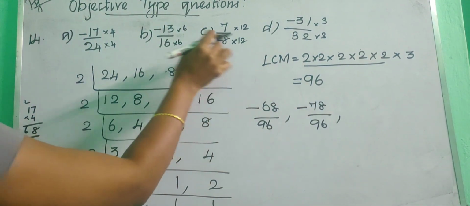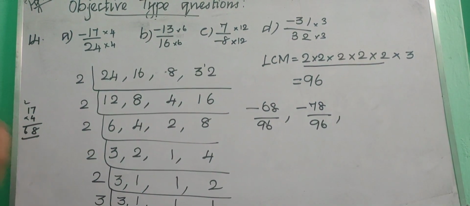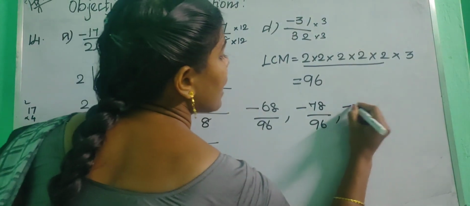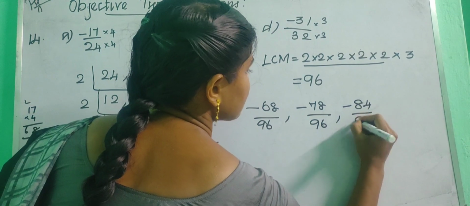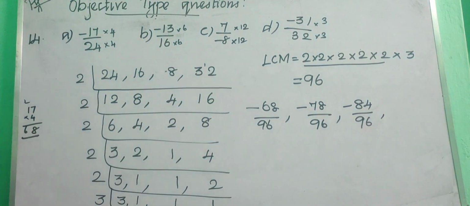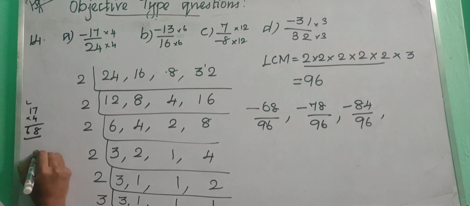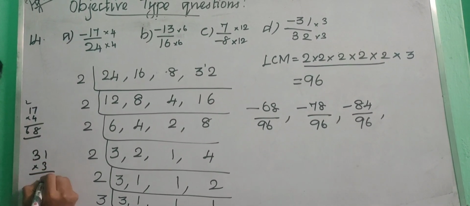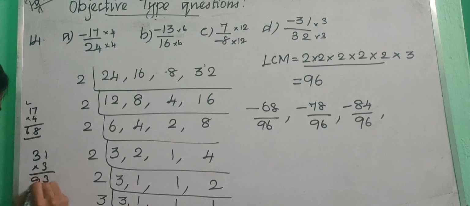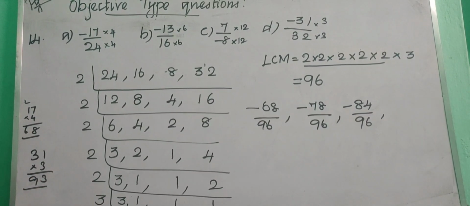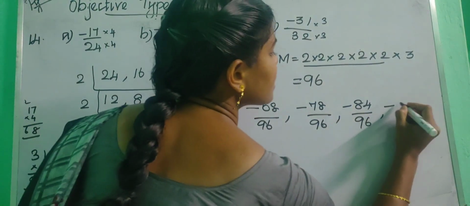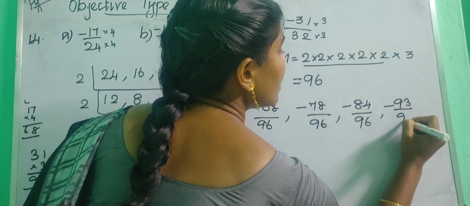And then the third term, 7 12s are 84. So minus 84 upon 96. And then 31 into 3, that is 93. So minus 93 upon 96.